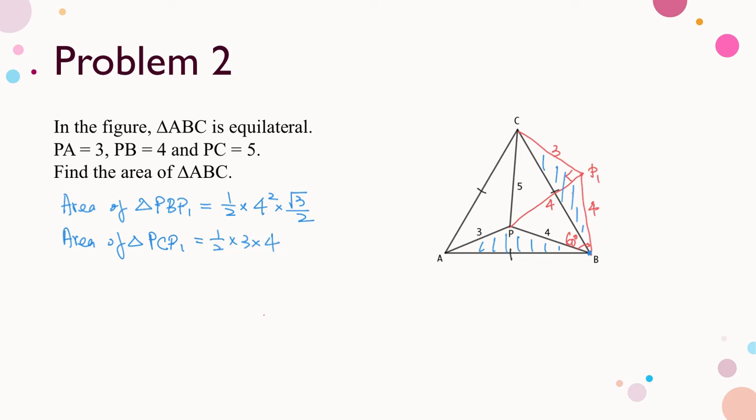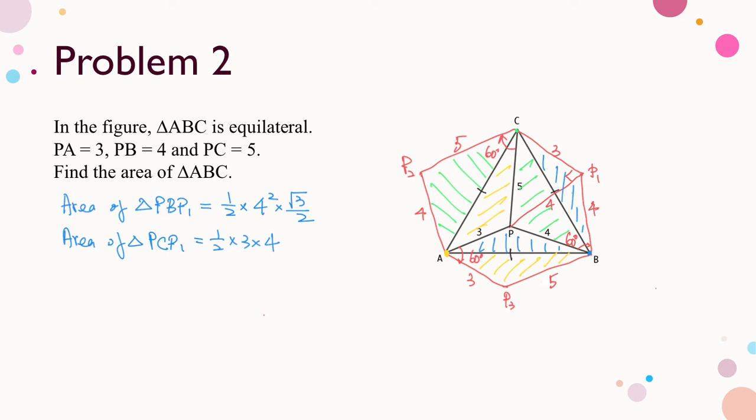We can do the same to the other 2 triangles, that is, rotate triangle BCP about C clockwise by 60 degrees to triangle ACP2, and rotate triangle CAP about A clockwise 60 degrees to triangle BAP3.